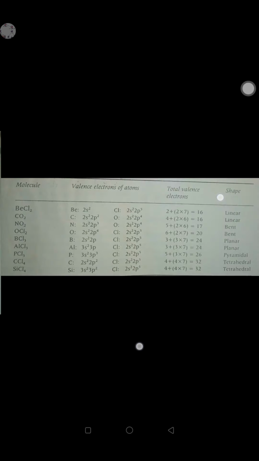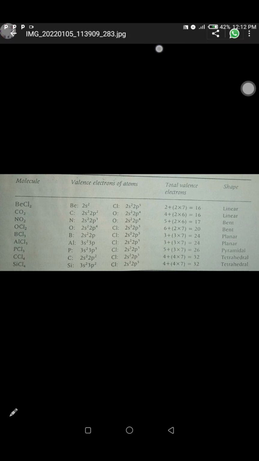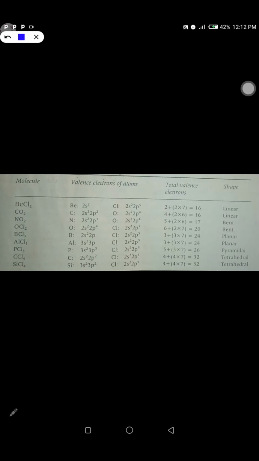But what I want you to see is the way they calculate the total valence electron. Now, valence electron is the number of electrons in the atomic shell. Now, in this case, we have more than one atom combining together. So I'm going to use the one that is 24 here as an example, which is BCl3. Now, BCl3 is boron. Outside the boron is 3. Okay, remember?